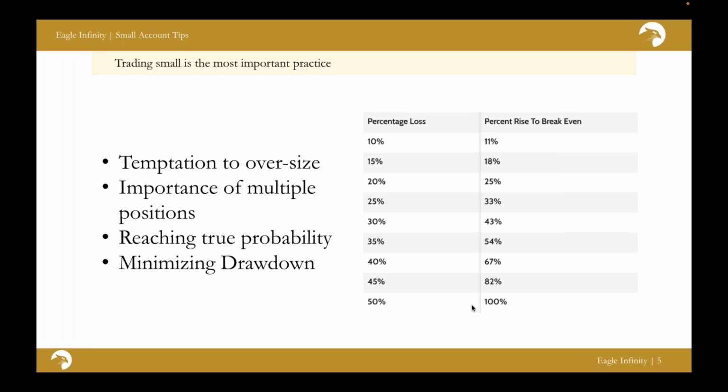But it's just as important, if not more important, to understand that even with a winning strategy and trade idea, you can blow your portfolio by not understanding sizing and risk management. So we want to reach that true probability, which will not only minimize portfolio drawdown, but also maximize the expected value of the trading methodology we choose and the specific trades we enter.